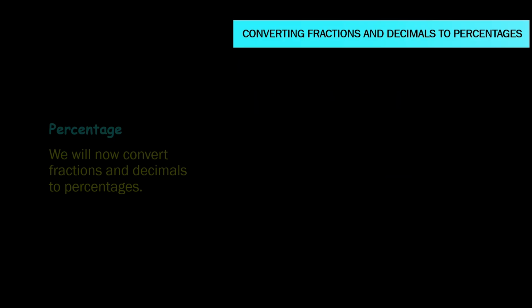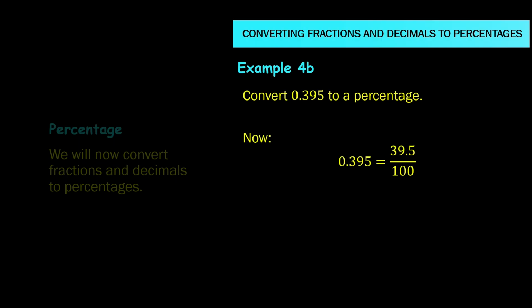Let's take a look at another example. Convert 0.395 to a percentage. If we want to have a fraction over 100, then we need to shift the decimal point by 2 places to the right and divide by 100 as shown. Place the digits after the decimal in the numerator as shown, and as we have divided by 100, we have a decimal point in our numerator.